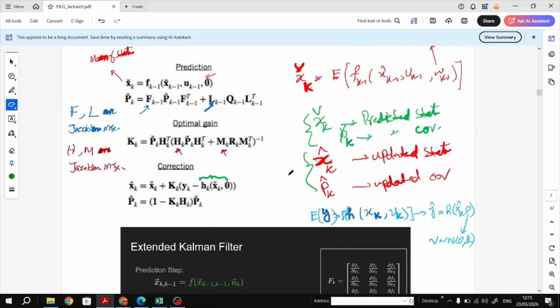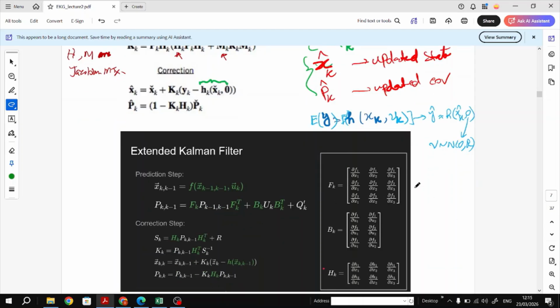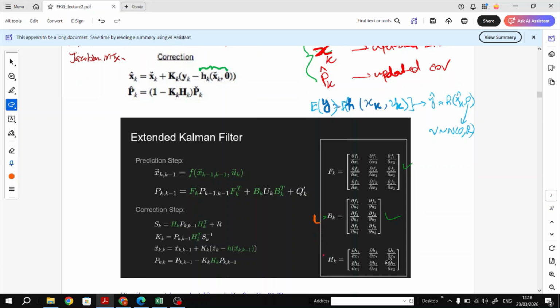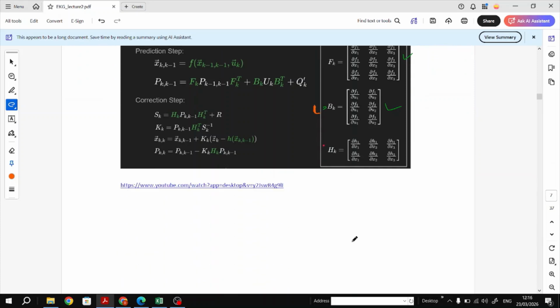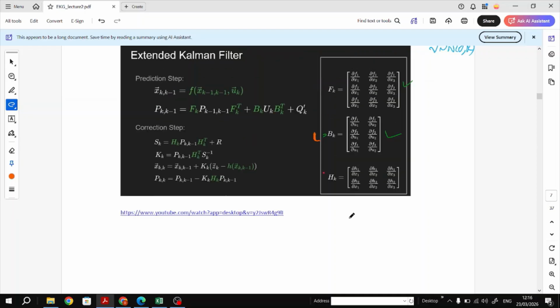Once we have calculated these partial derivatives, in this notation we call it B or L, the same thing, the partial derivative with respect to the control variables, and the H matrix, and also the M matrix if we need it.